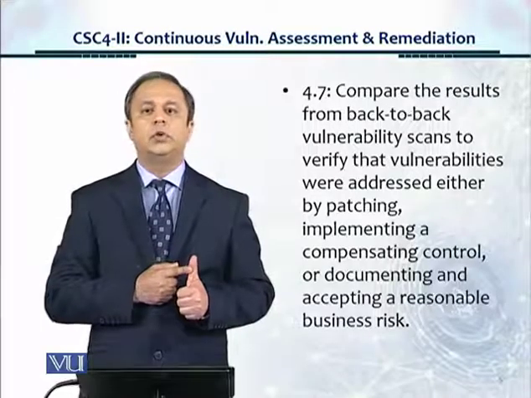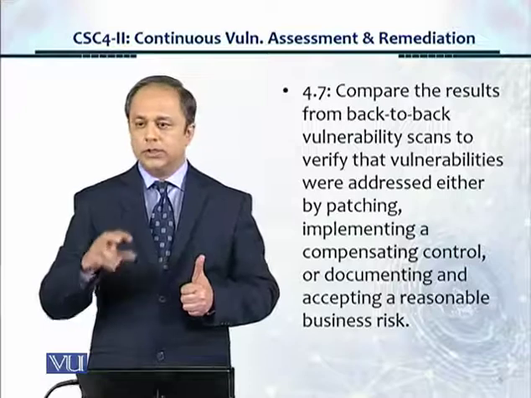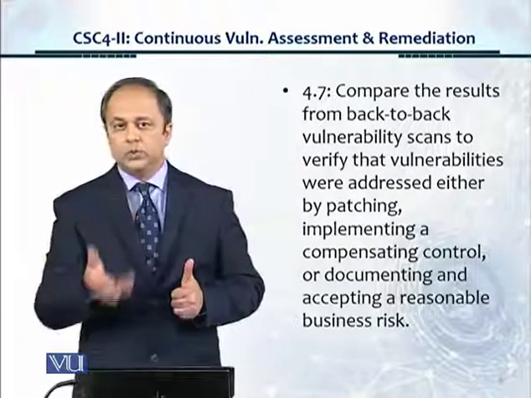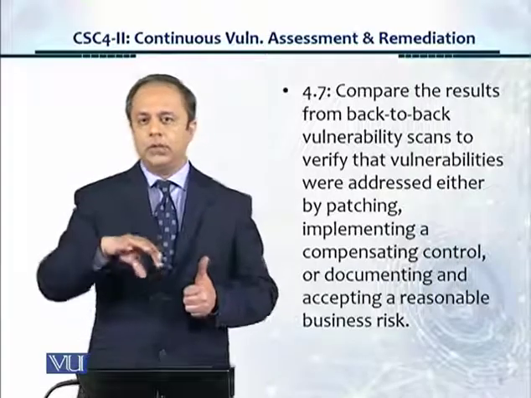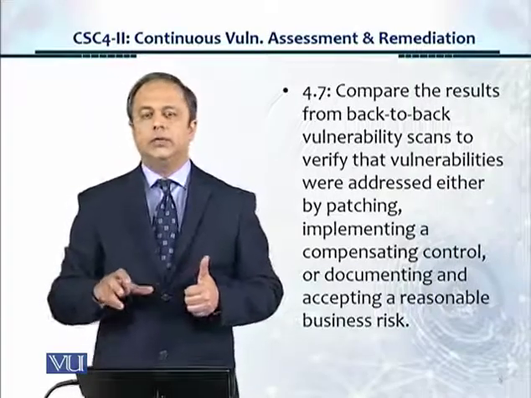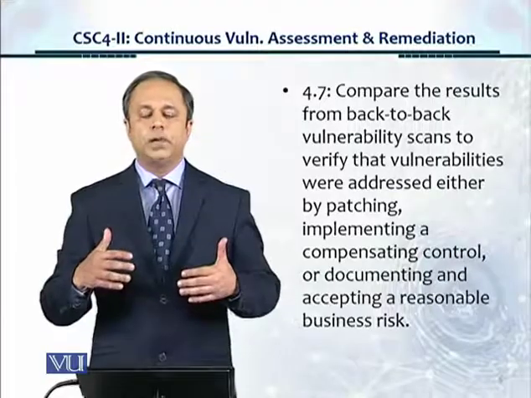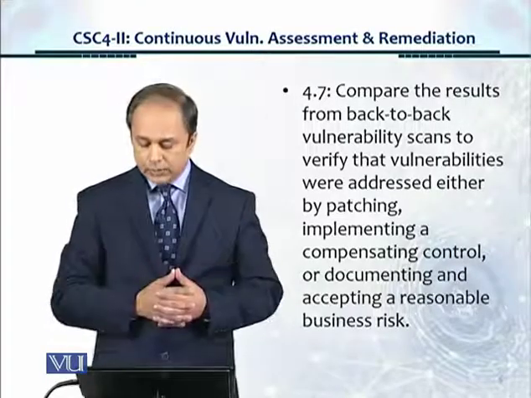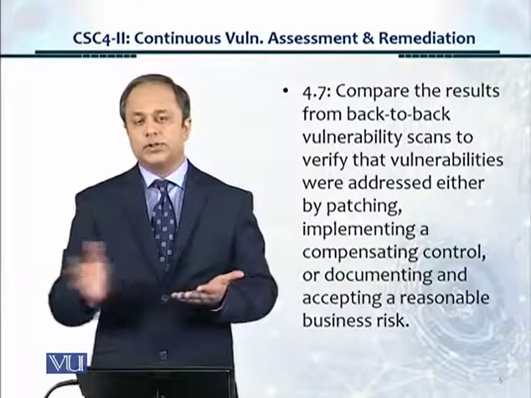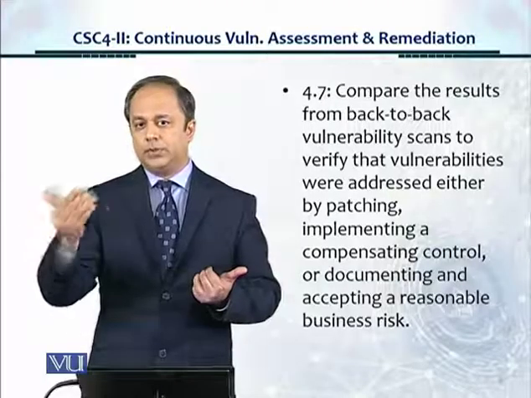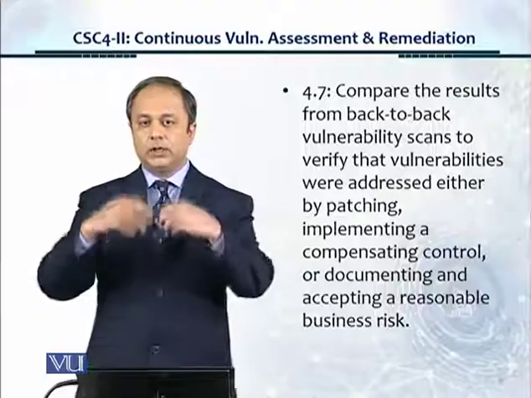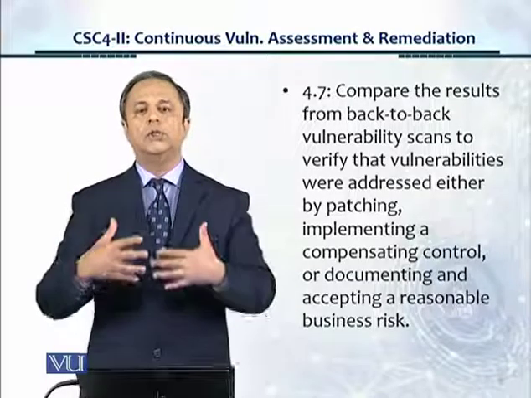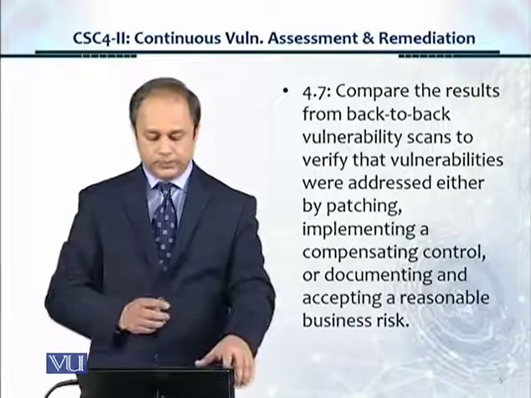The other is that you implement a compensating control, which means that you do not implement the actual control suggested to block that vulnerability or patch the system, but you do something else, another option which produces the same results. And the third way is that you accept the risk and get sign-off from management that this control is not implemented for the particular vulnerability because of so-and-so reason.